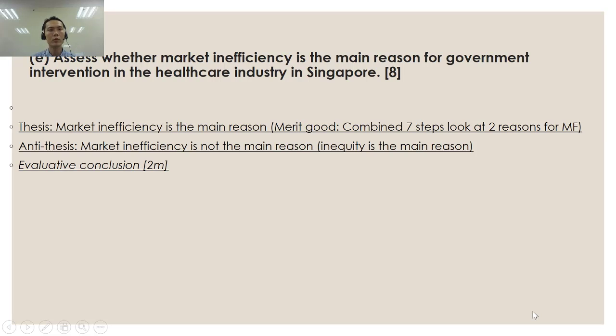Without further ado, let's take a look at our thesis. We know that the healthcare industry is a merit good, and a merit good has two causations of market failure, namely due to positive externality and imperfect information.